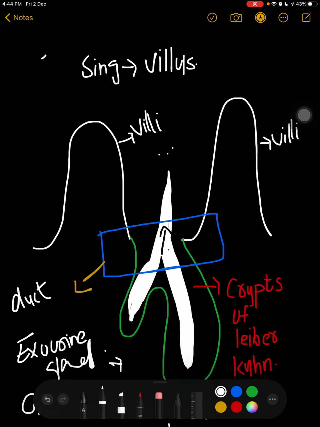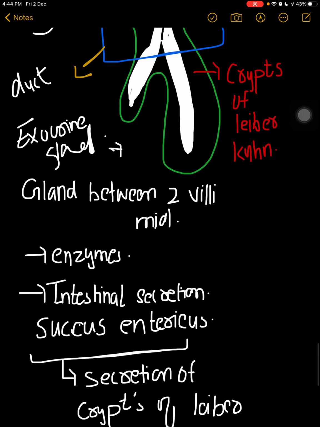The secretion which is released from this place is known as succus entericus, right? Okay, the basic introduction of the crypts of Lieberkühn is done.